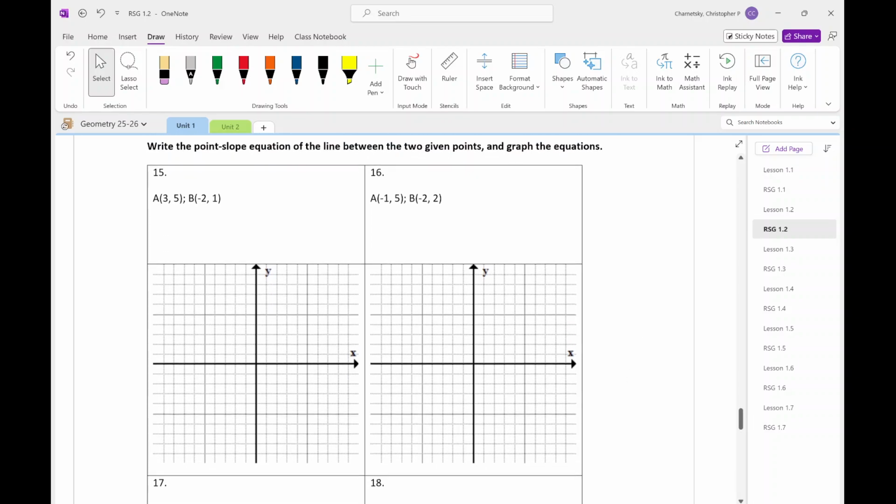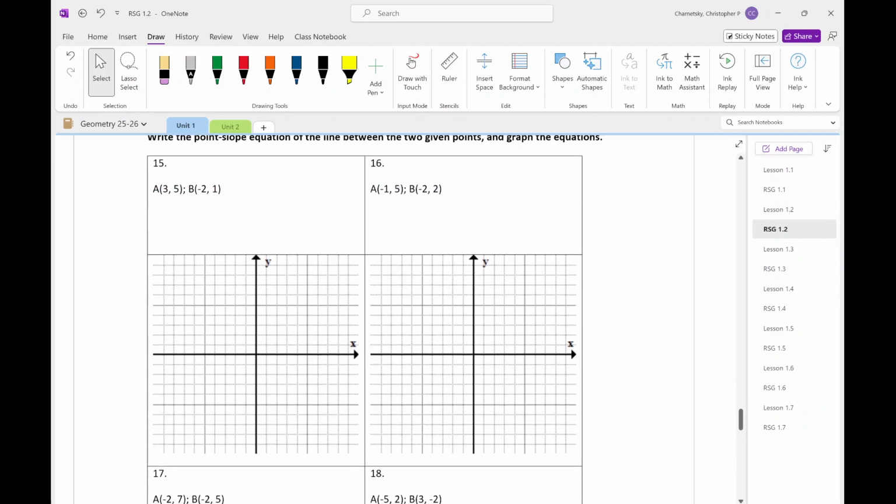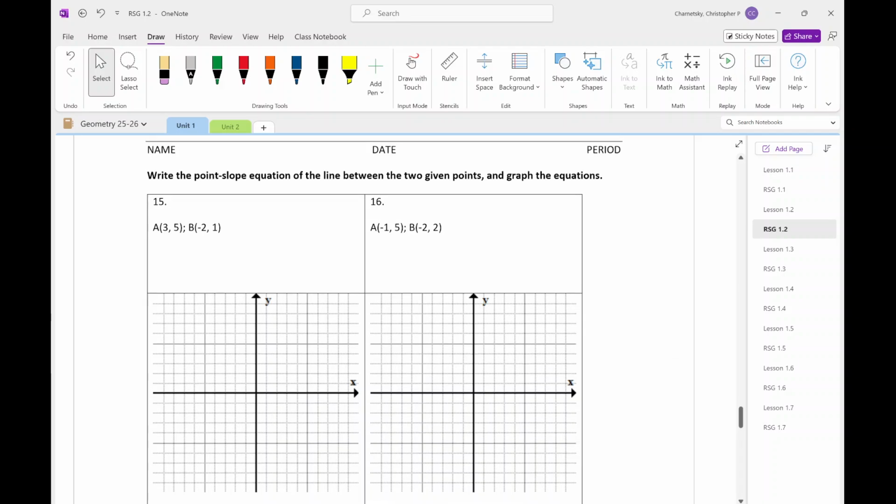Number 15 says write the point slope equation of a line given between the 2 points, and then graph the equation. So point slope, remember we need a point and a slope. Well, we have 2 points. We're going to have to figure out what the slope is. Real quick to do that, there's our x and y.